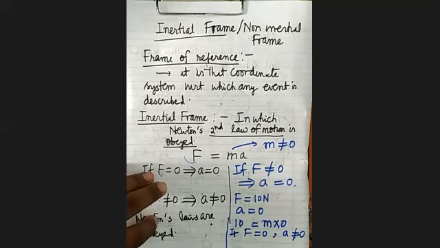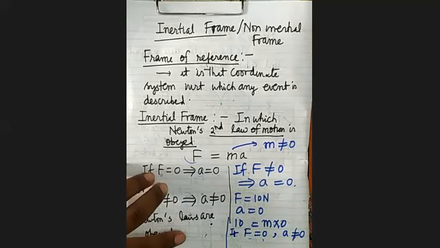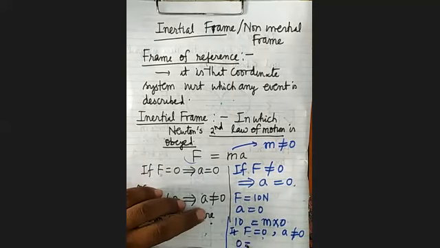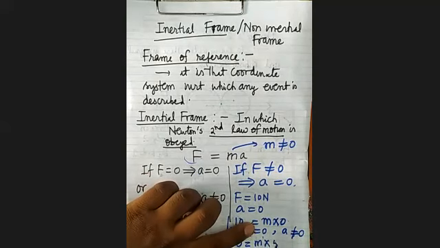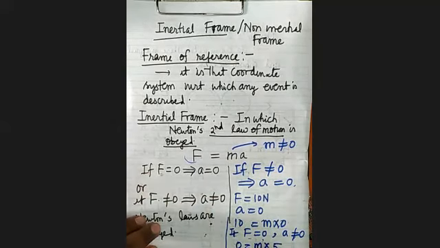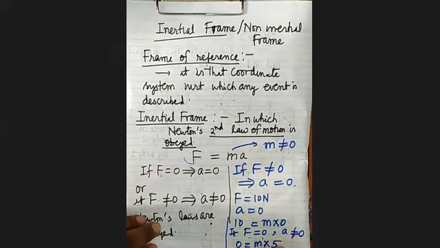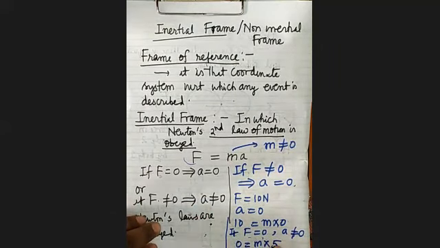So if F equals 0 and A is not equal to 0, F is 0 but M is suppose 5. Whether it is possible? It is not possible.